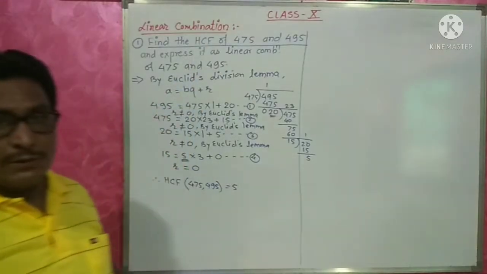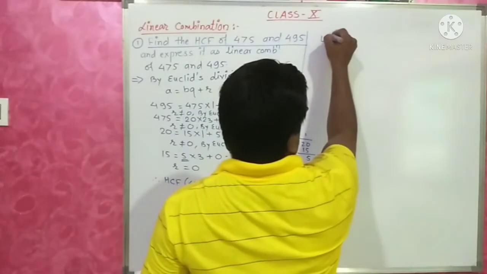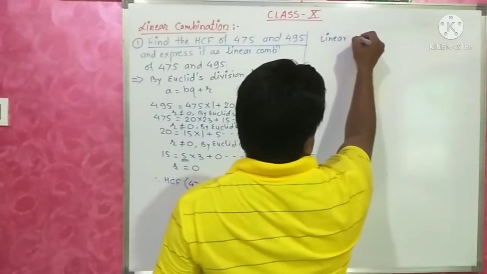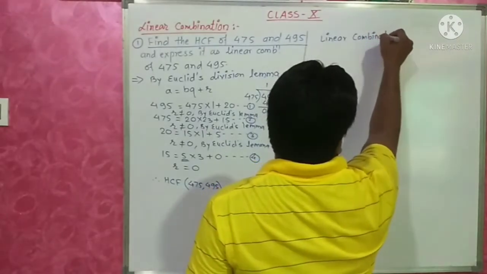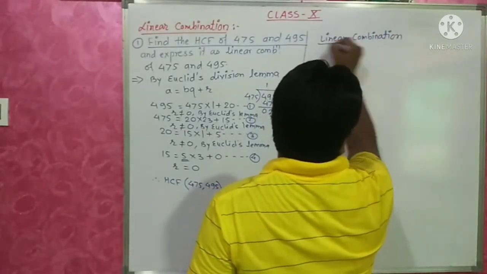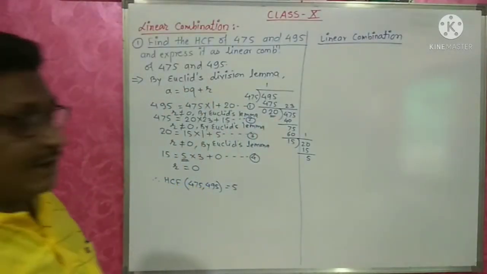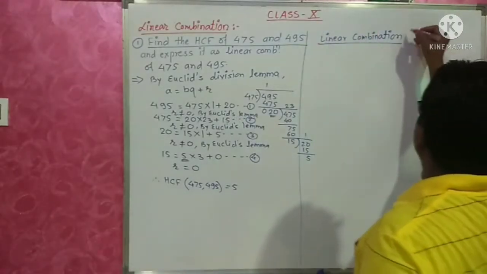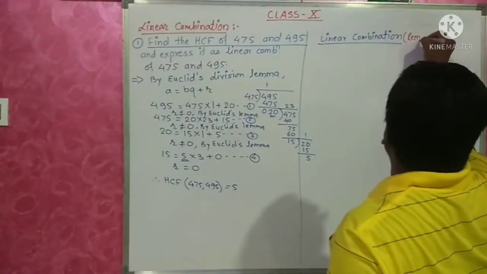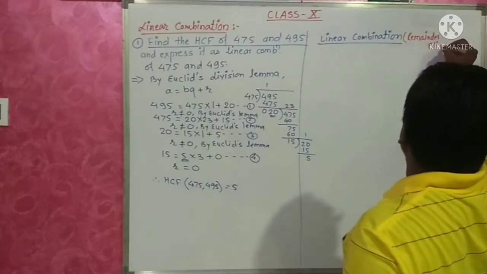Now we have to express it in linear combination. How to express it in linear combination? What is the meaning of this? Already I told, it is the remainder elimination.